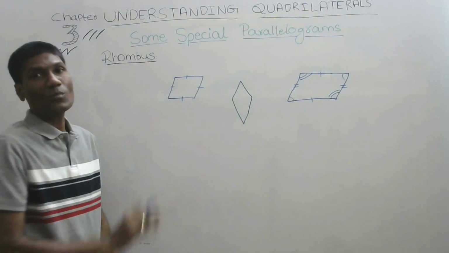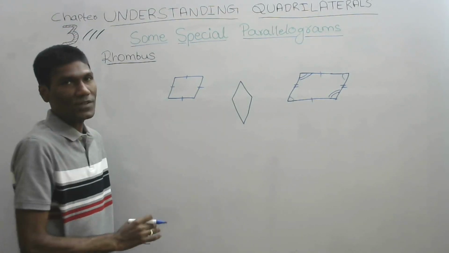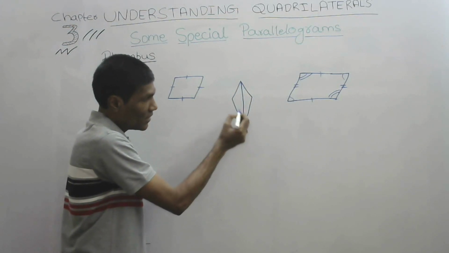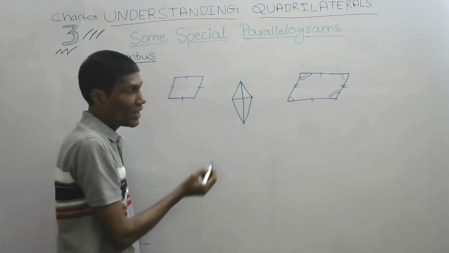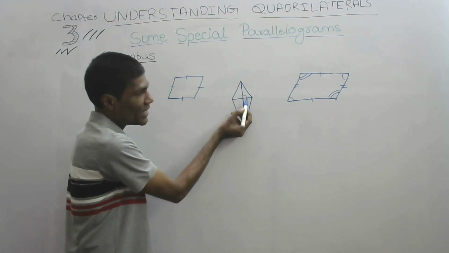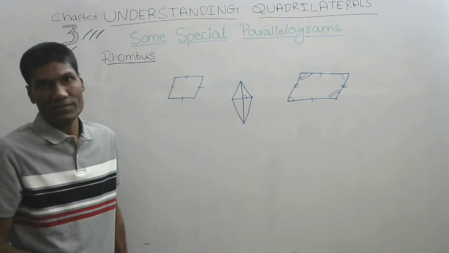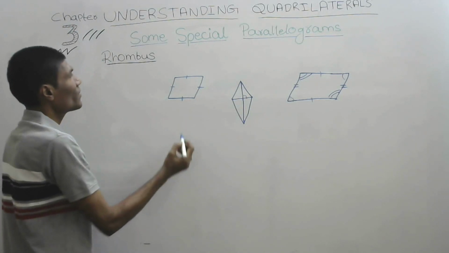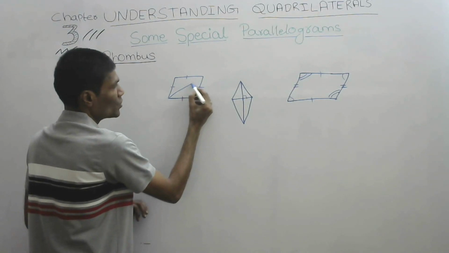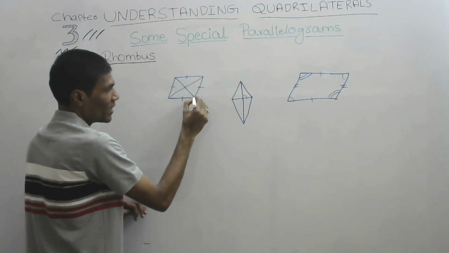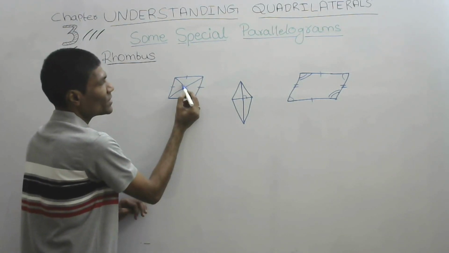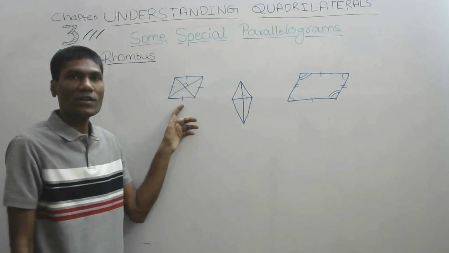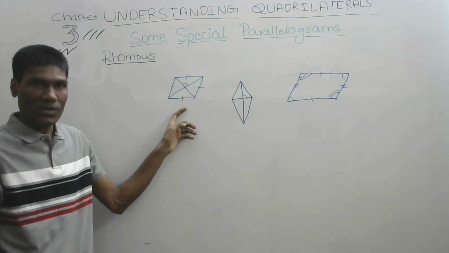One more special property of these figures is, remember in this kite, the two diagonals intersect perpendicularly. The angle between them is 90 degrees. In the same way, in a rhombus also, if we draw the diagonals, this angle will be 90 degrees. This is an important feature of the rhombus.